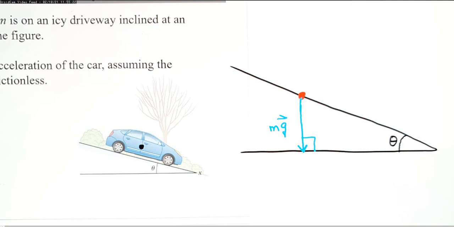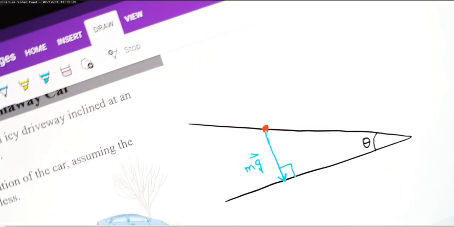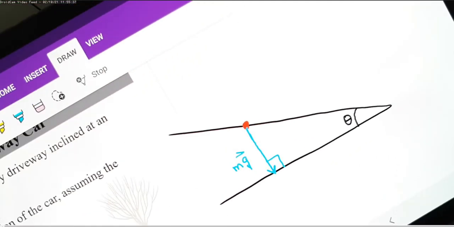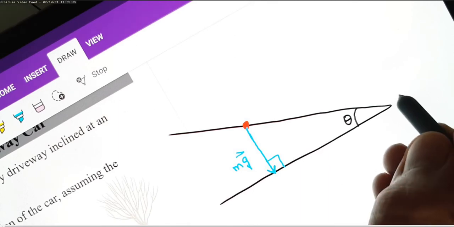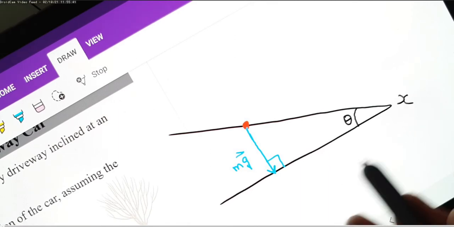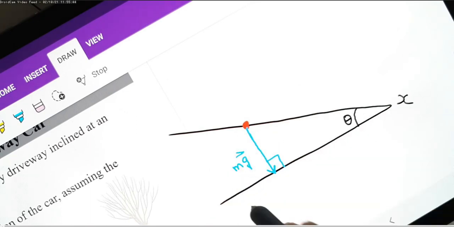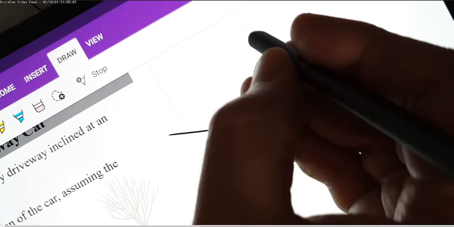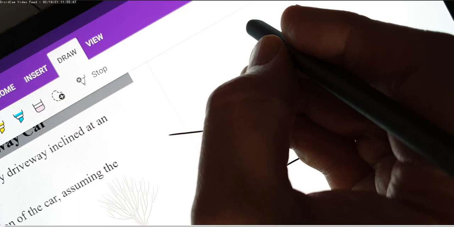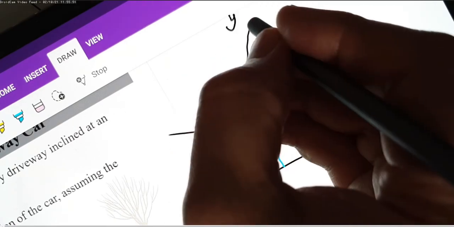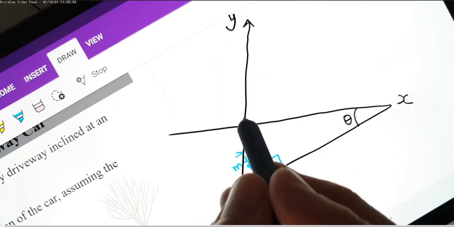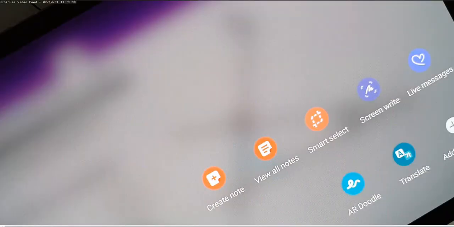Now we have an X component for this force and a Y component of this force. And why X and Y component? Well, because in these kind of problems, we assume that this is the X-axis and perpendicular to it is the Y-axis. This is 90 degrees.